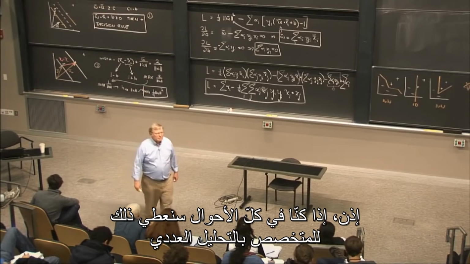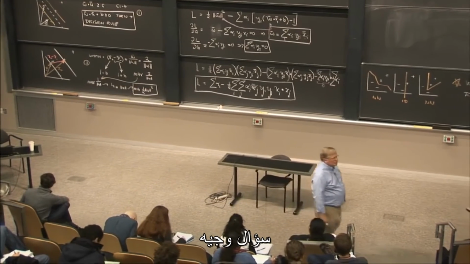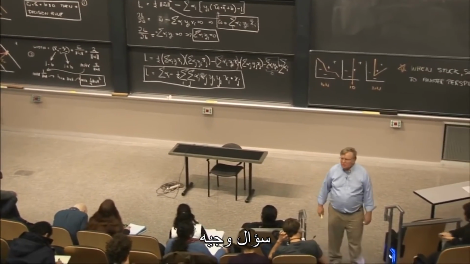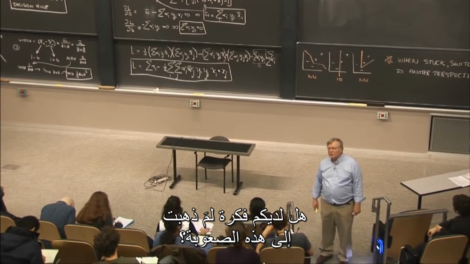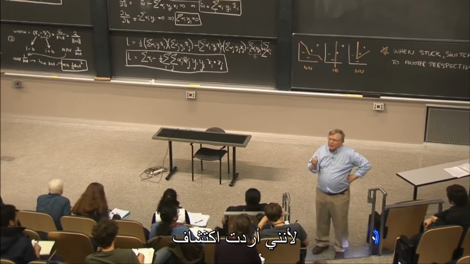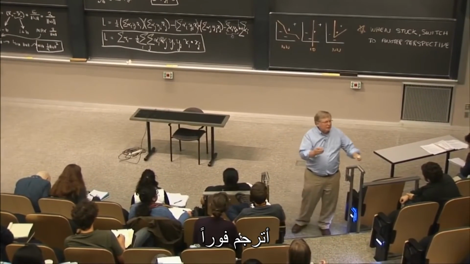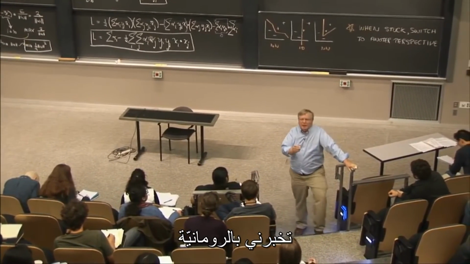So if we're going to hand this off to the numerical analyst anyway, why go to all this trouble? Good question. Juana, do you have any idea why I went to all this trouble? Because I wanted to find out the dependence of this expression, as Juana is telling me, as I'm translating as I go. She's telling me in Romanian.